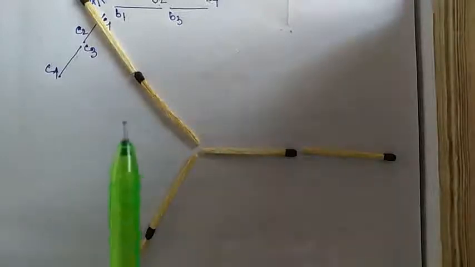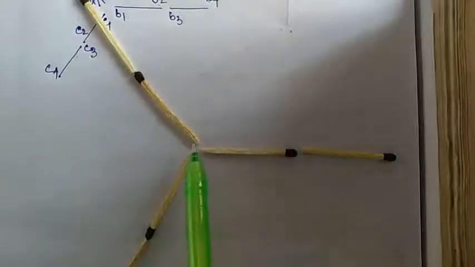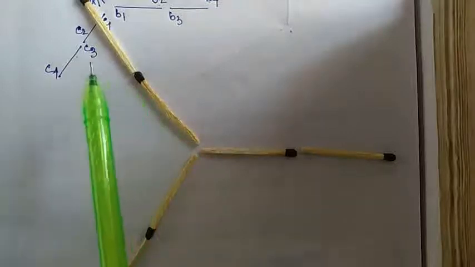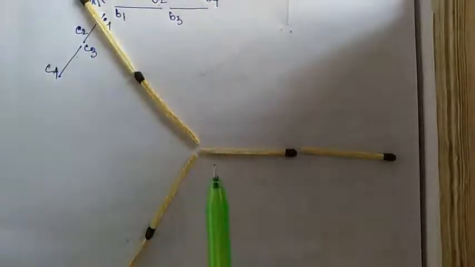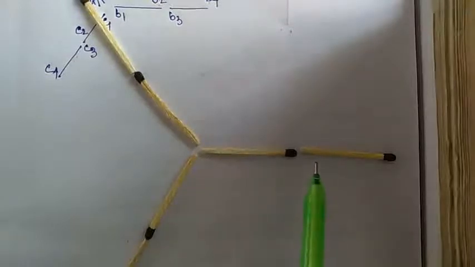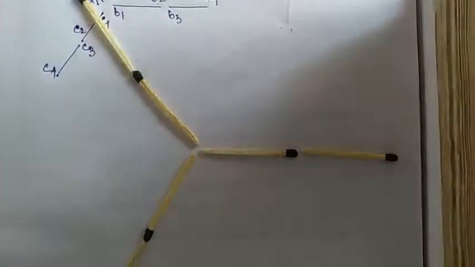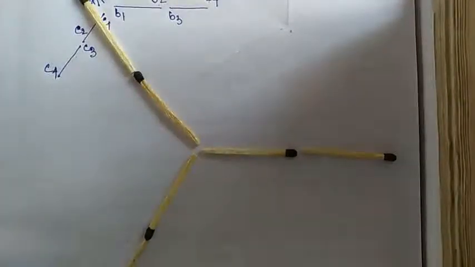Now look at the arrangement, that is A1, A2, A3, A4, and this is B1, B2, B3, B4, and this is C1, C2, C3, C4. As phase displacement is 0, the position of A4, B4 and C4 is unchanged.